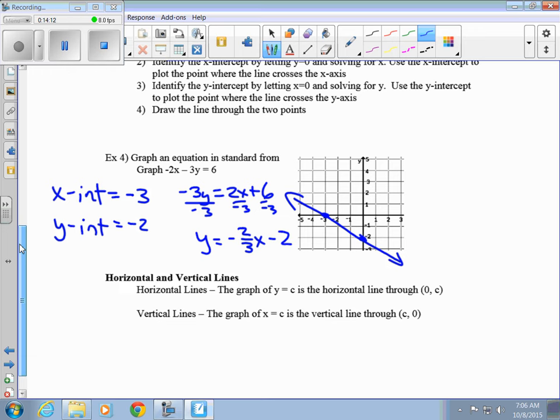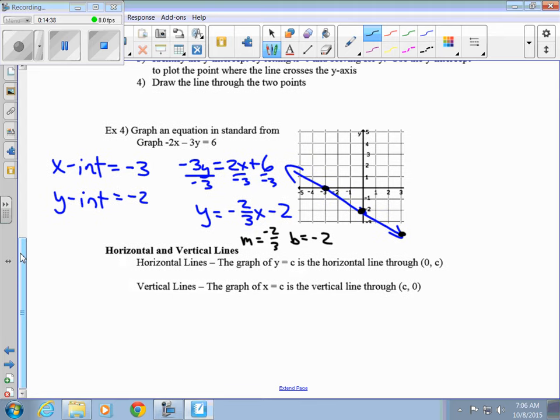And then notice here, the y-intercept is -2, and the slope is -2/3. So here is my y-intercept at -2. I'd go down 2 over 3, right there. So we're going to get the exact same answer.